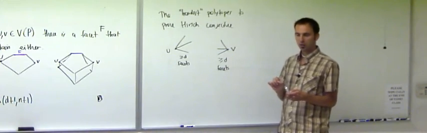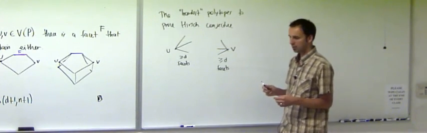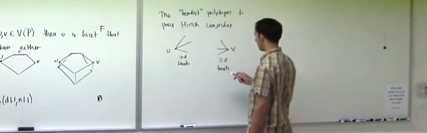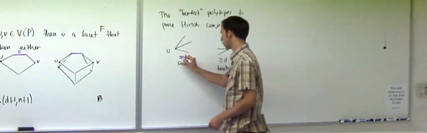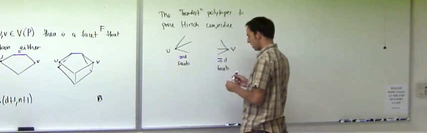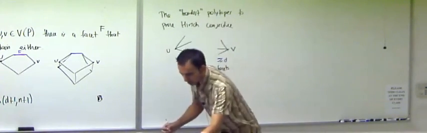So somehow the polytopes that are troublesome are precisely the things that look like this, where you have to have equality here and equality here. And so what you have are polytopes that look kind of like this. I'm going to try to draw something.